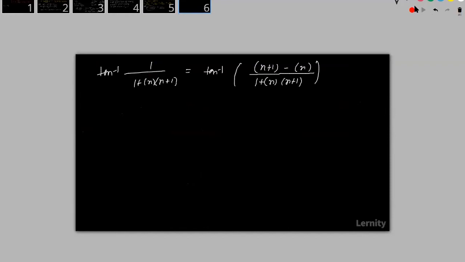Why am I breaking this into this form? Because if I break this into this part, then this tan, I can write into two different forms.